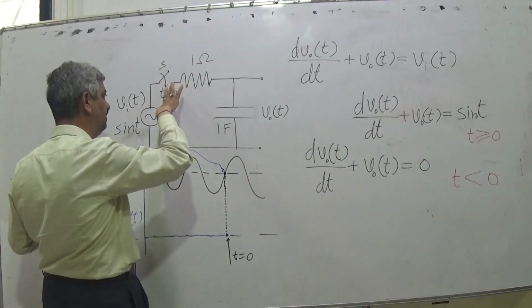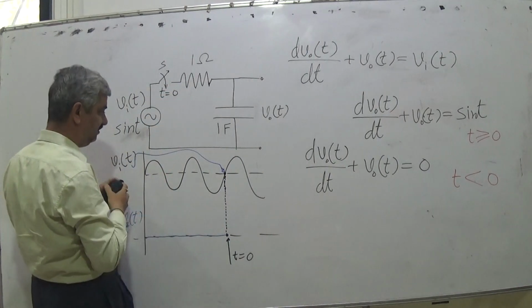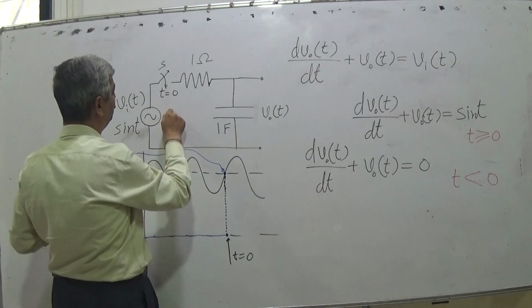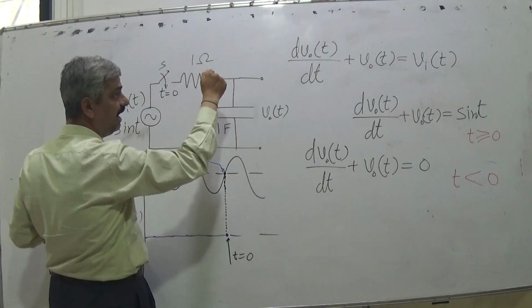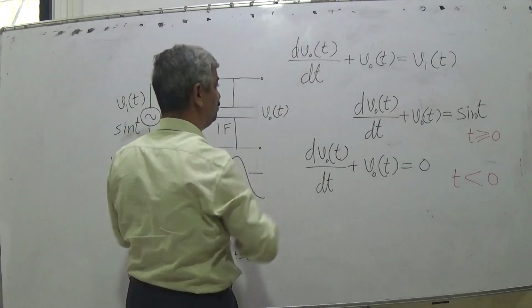So I apply. This is with me, and the input here is 0, and at t equal to 0 I apply directly a sinusoid.